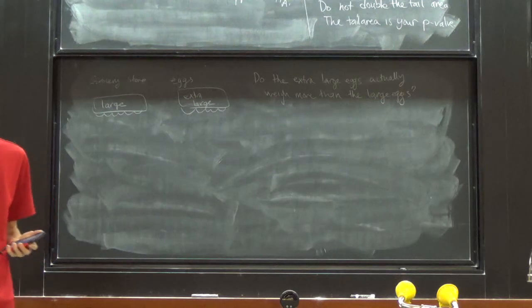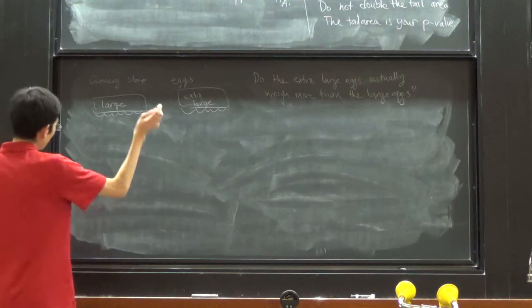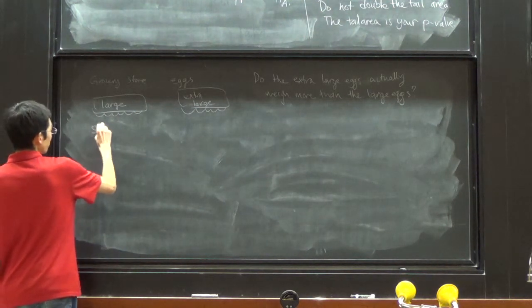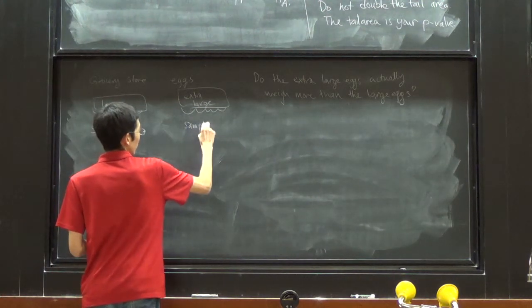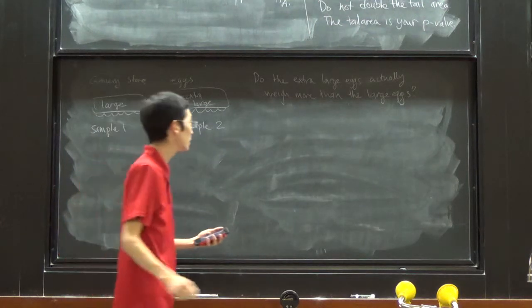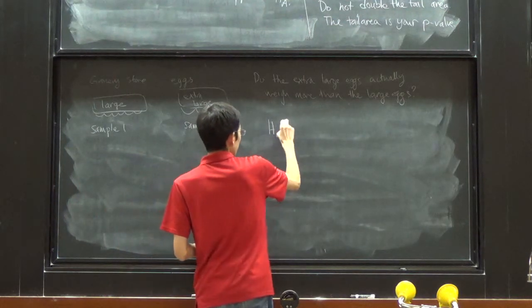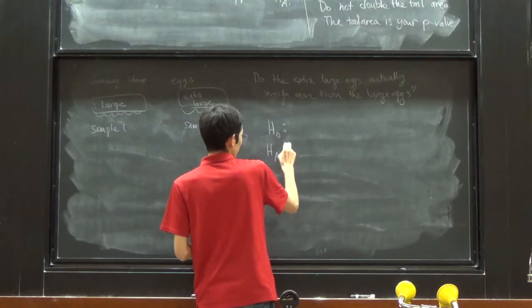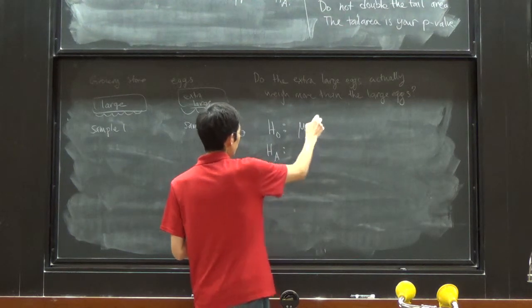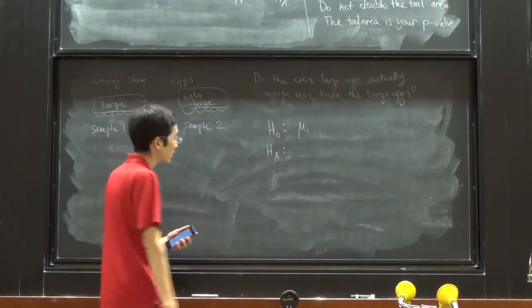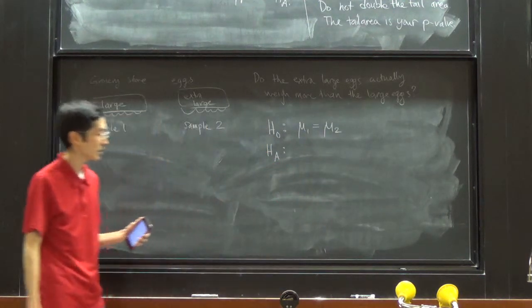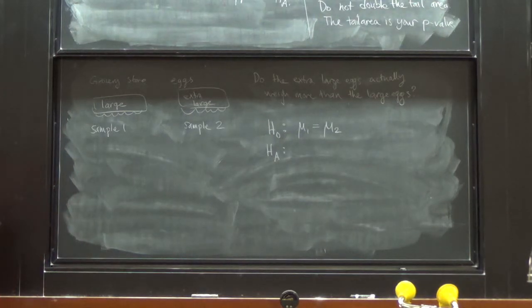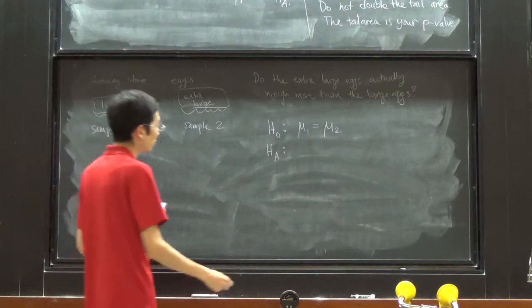Okay, so let's say you buy some eggs at the grocery store and you weigh them all. Okay, so we have sample 1. Sample 2. Okay. Alright, so our null hypothesis is, let's say this. Our null hypothesis will say mu1 is our large eggs. So our null hypothesis is that the average weight of these eggs are the same. Mu1 equals mu2. And the alternative would then be what?